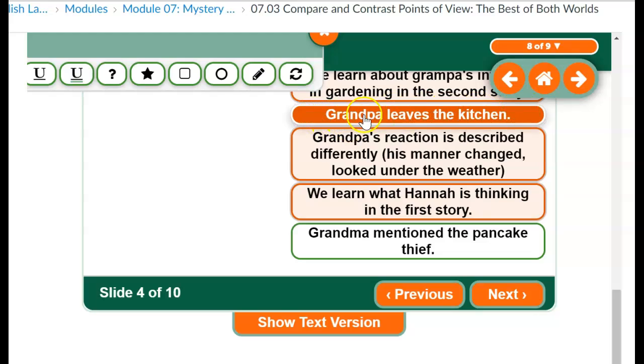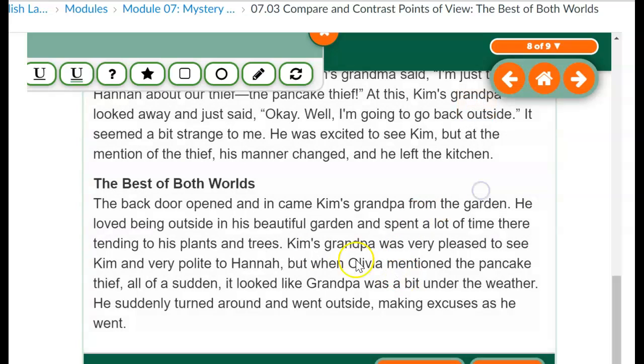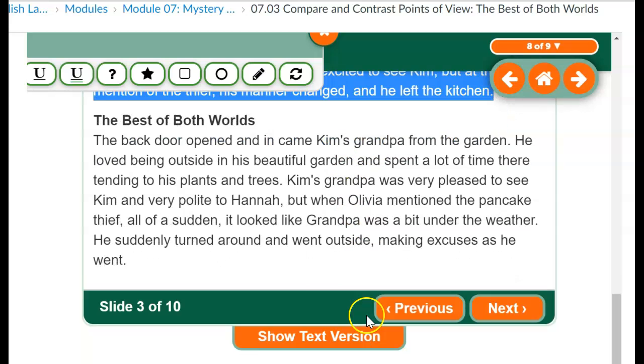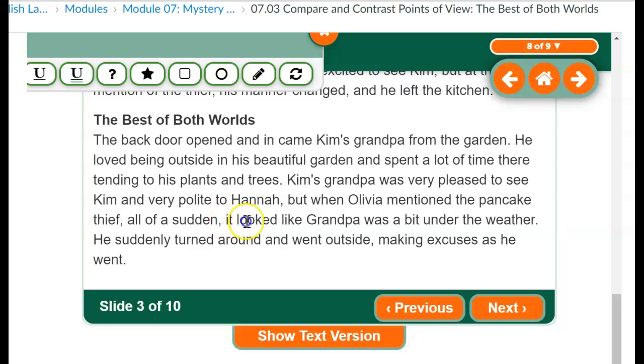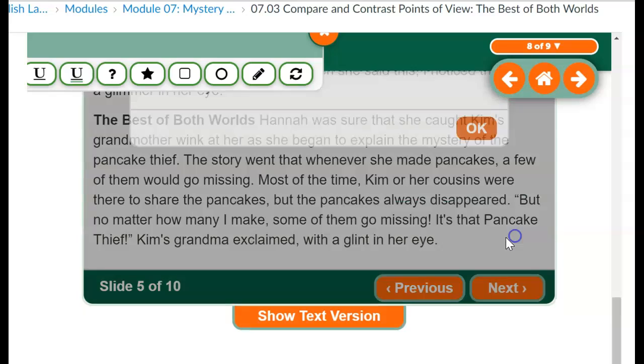So when they talk about Grandpa leaving the kitchen, how did he leave the kitchen? So he was excited to see Kim at the mention of the thief. His manner changed and he left the kitchen. Down here, it says it looked like Grandpa was a bit under the weather. He suddenly turned around and went outside, making excuses as he went. So they tell it in a little bit different way.